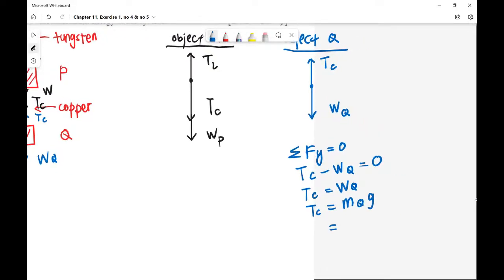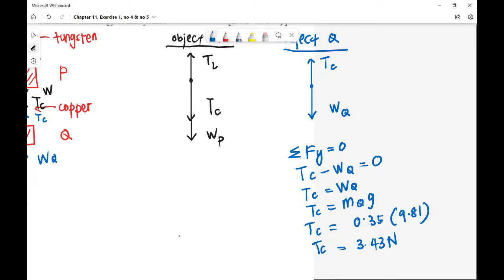Okay, so substitute mass Q, okay, which is 0.35 times G 9.81. So, tension of copper wire equals to 3.43 Newton. Okay. So, ini adalah tension for copper wire.